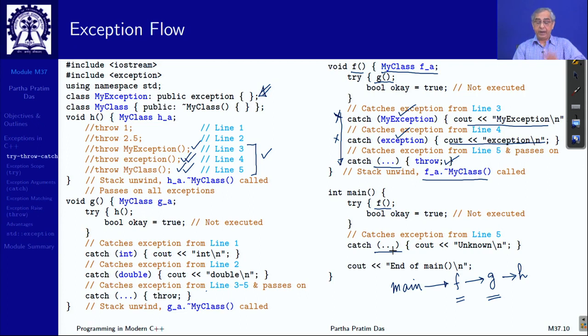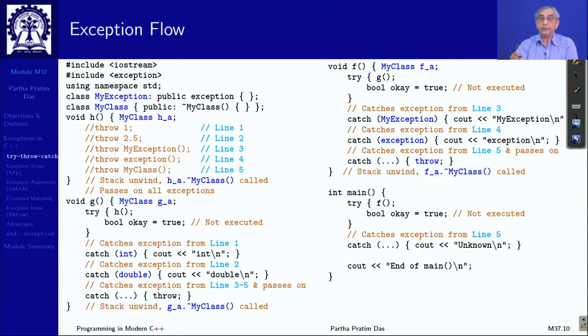Main just wants to say, okay, if nobody could handle something, then this is what we will do. So, possibly main will decide at this point that since it was not handled by the callees F, G and H, they could not decide that. Main has no means of doing anything, it will probably just terminate the program, but it depends. So, this is the overall mechanism that is involved in terms of the exception propagation.